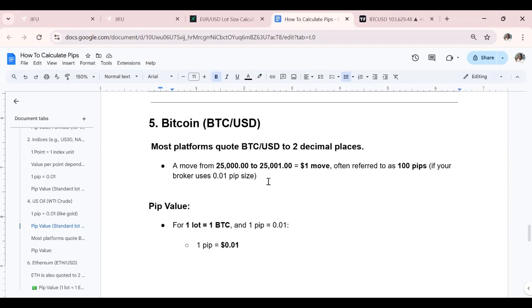I think XNET uses 0.01, and actually, if you try 0.01, you'll be able to trade BTC. It's Ethereum that uses 0.1 on XNET.